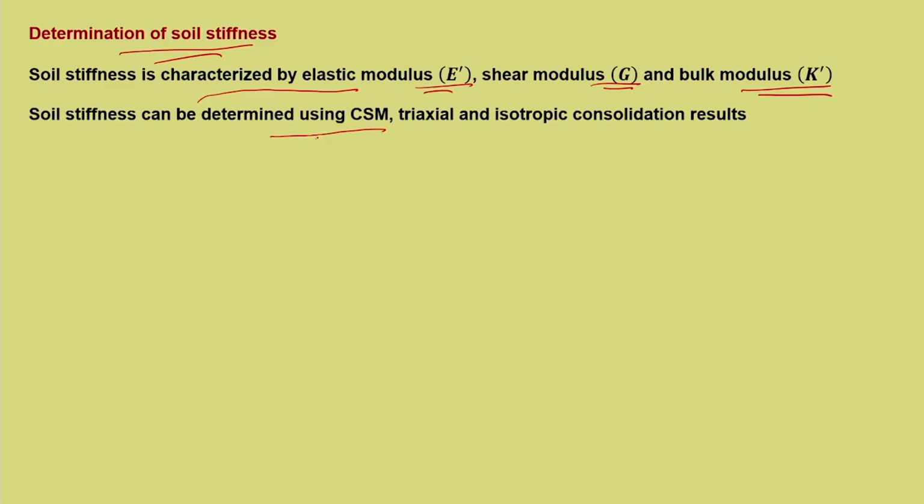We are concerned only about the elastic stiffness. So for prediction we need to now account for the unloading reloading line of critical state framework. Soil stiffness can be determined using critical state model, triaxial testing and isotropic consolidation results. We need, for determining the critical state parameters, isotropic consolidation and/or the triaxial test results.